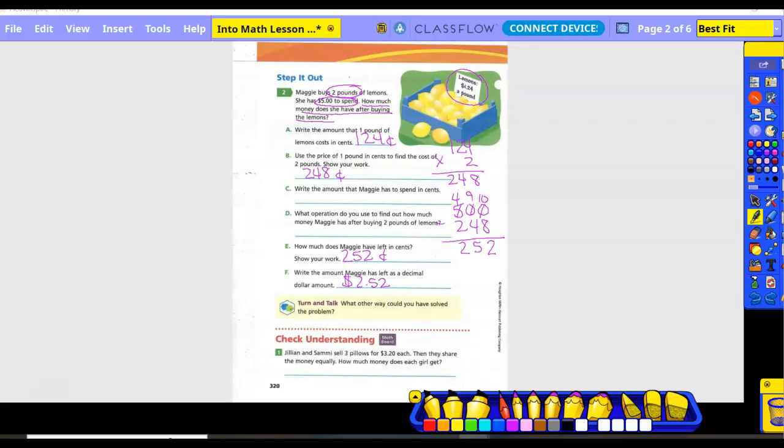Yep. So I'm going to go ahead and circle my information, $3.20, 3 pillows, and how much money does each girl get? Okay, so I have $3.20 times 3. I just basically need to pretend like that decimal's not there yet, right?